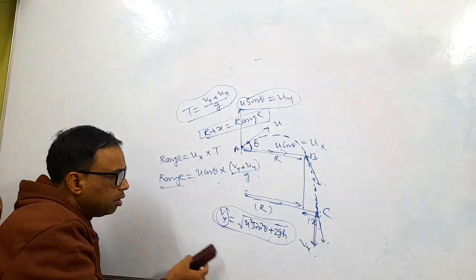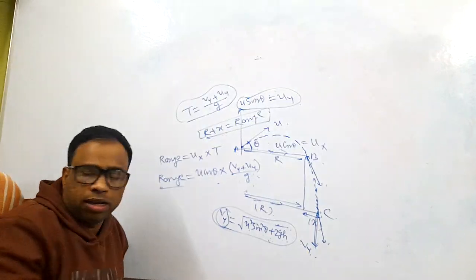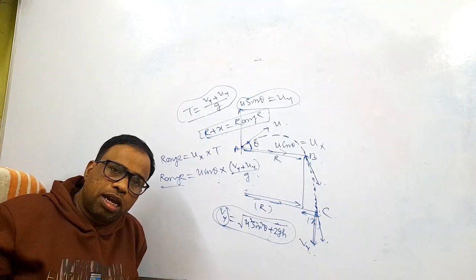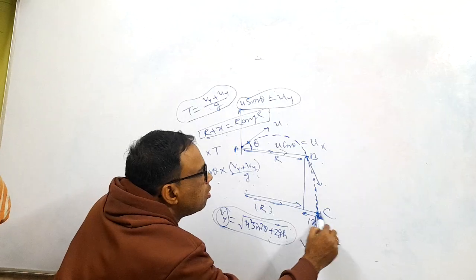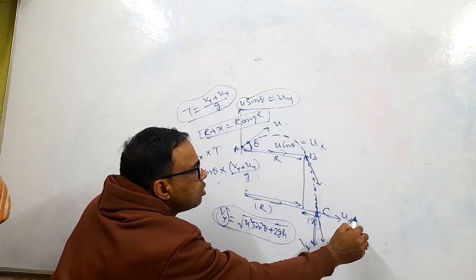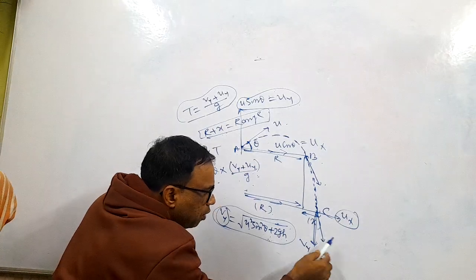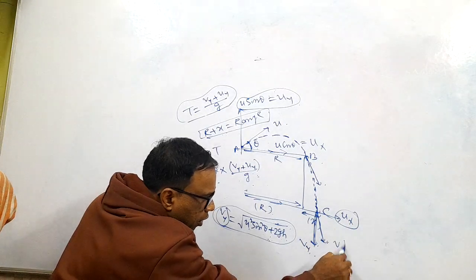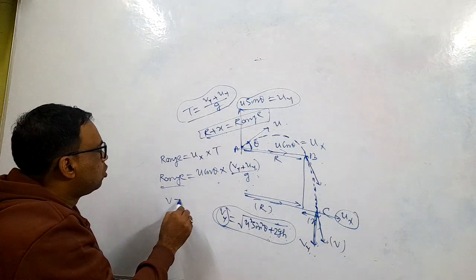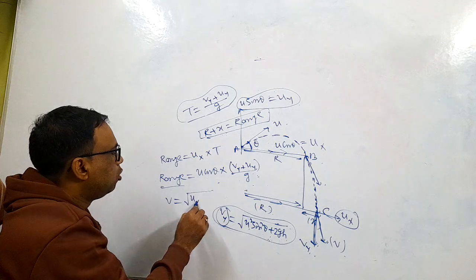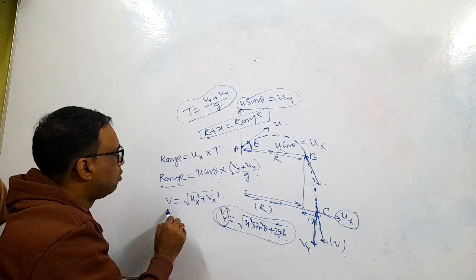From this method, you can also find the striking velocity. Striking velocity means ux, because ux never changes as no acceleration is present along x. So it is ux and it is vy. So striking velocity v equals root over ux square plus vy square.